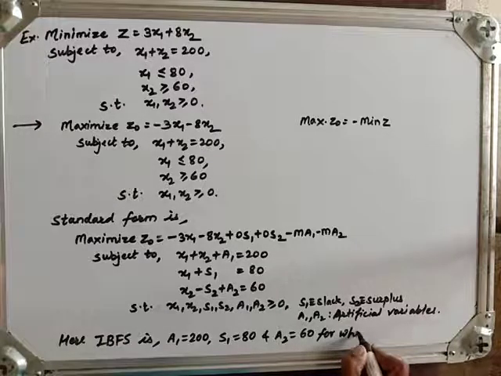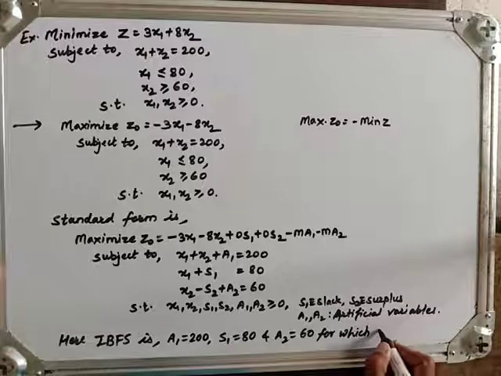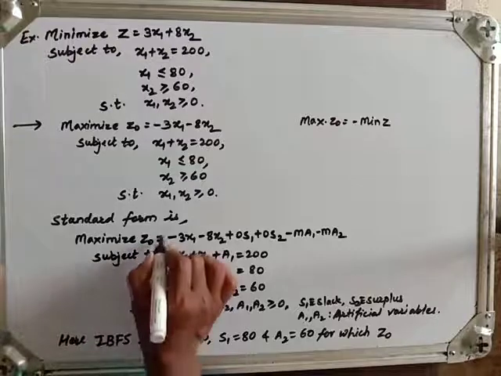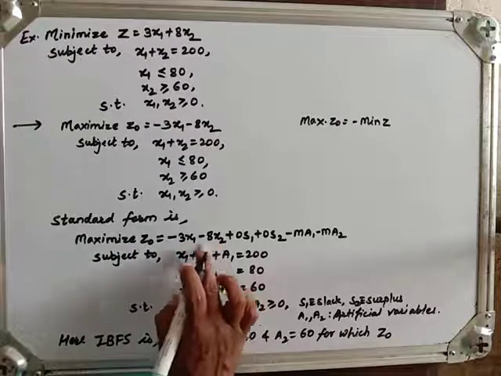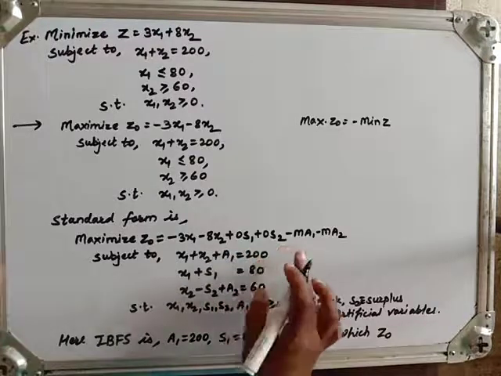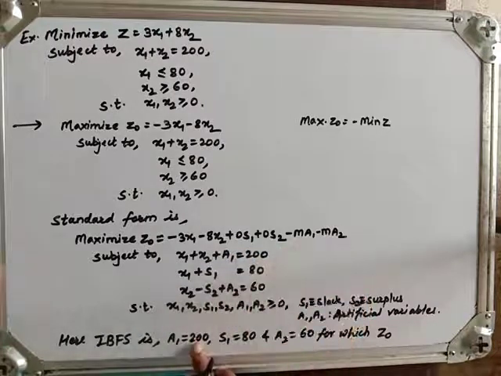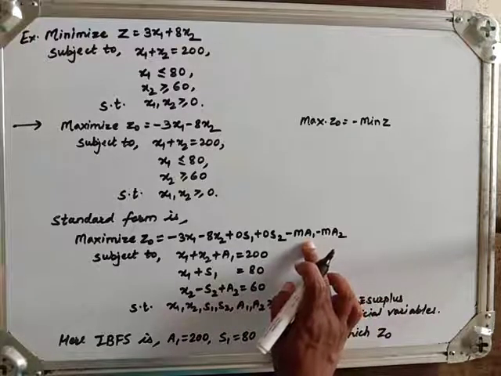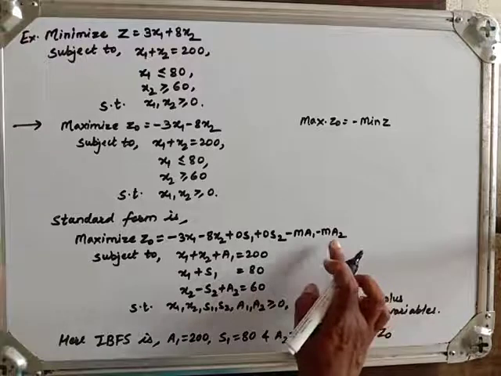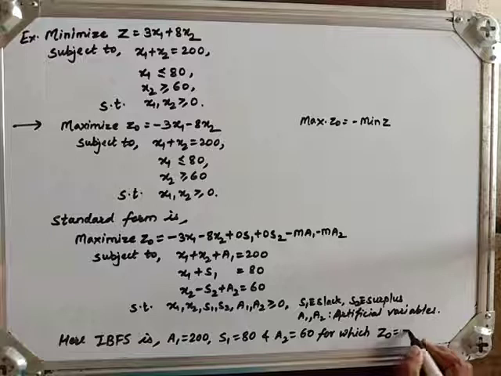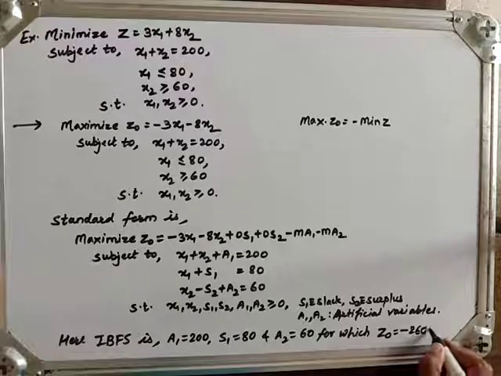For this, what does z0 become? Here the coefficients of s1, s2 are 0, so they become 0. a1 is 200 and a2 is 60, so it is 200M and 60M, both are negative, so they get added, and this will become minus 260M.